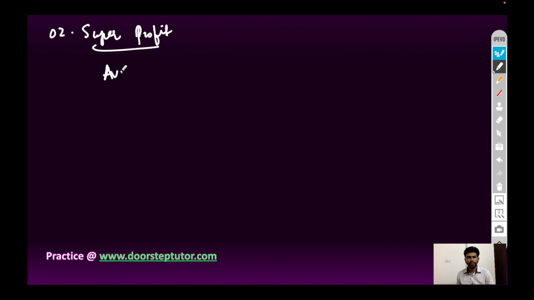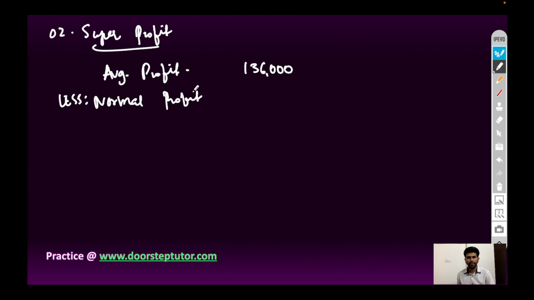We have average profit of 1,36,000 rupees less normal profit. The formula for normal profit is capital employed into normal rate of return. Capital employed is 5 lakh and normal rate of return is 20%.